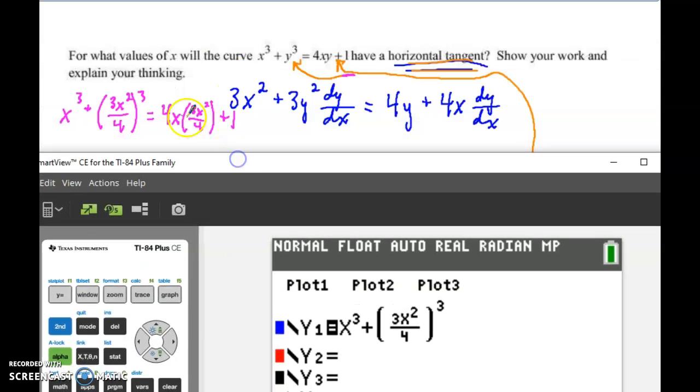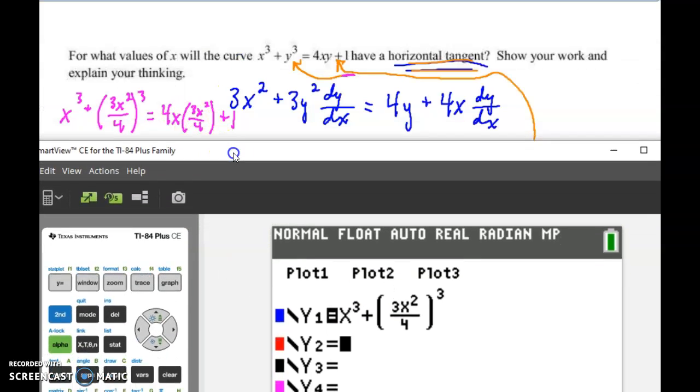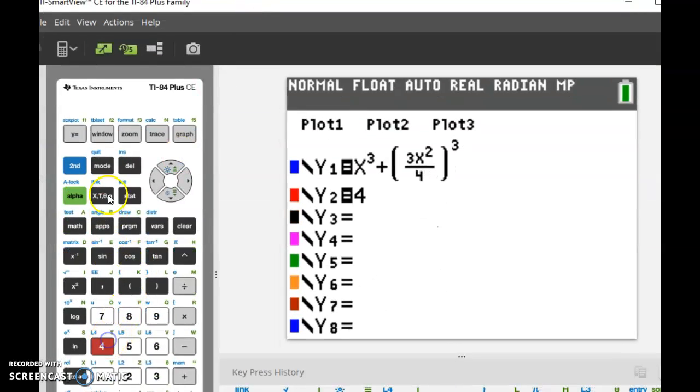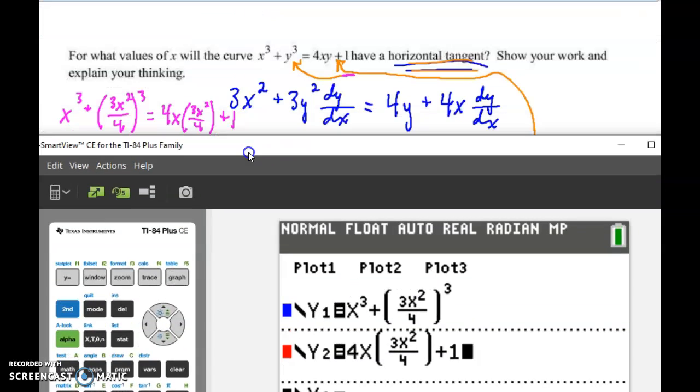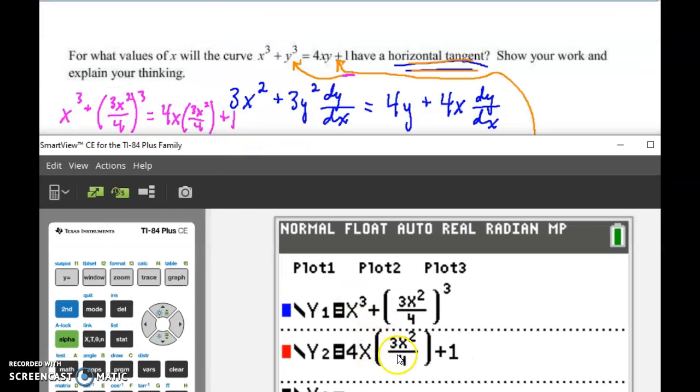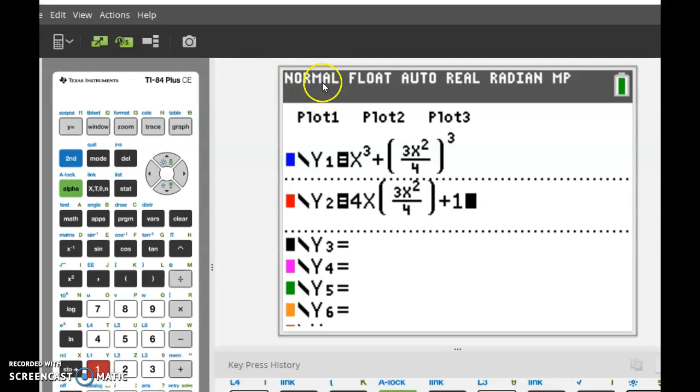And then we also have this 4x times that same fraction, 3x squared over 4. I just want to double check that I typed everything correctly there. There we go. And what I'm looking for is where these graphs cross each other.